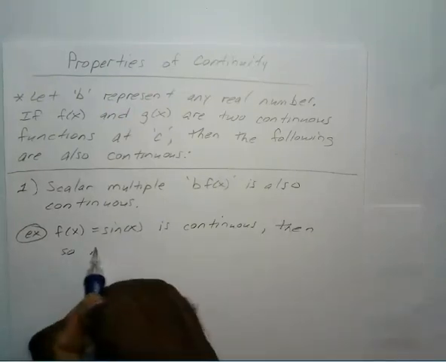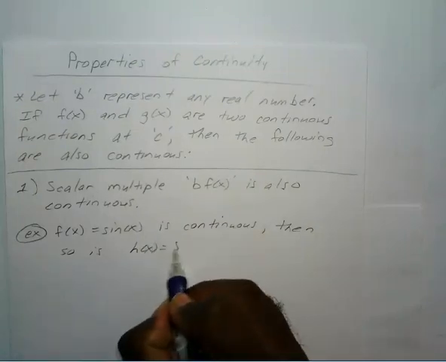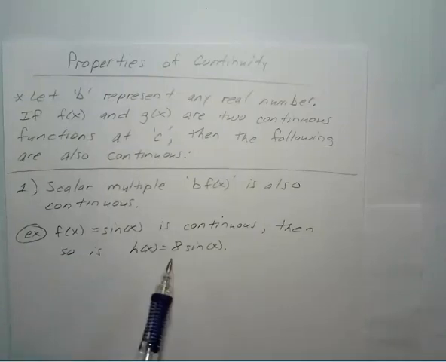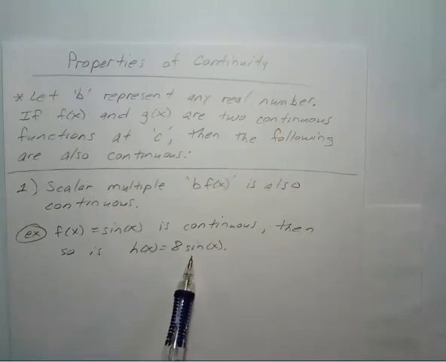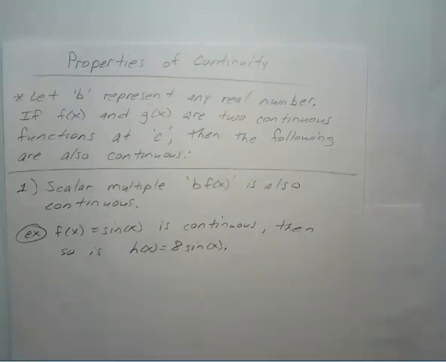And so is, let's say, h of x equals 8 times sine of x. Or it could be 1/2 times sine of x, or it could be 0.3 times sine of x. Okay, any scalar multiple of sine of x would be continuous also.